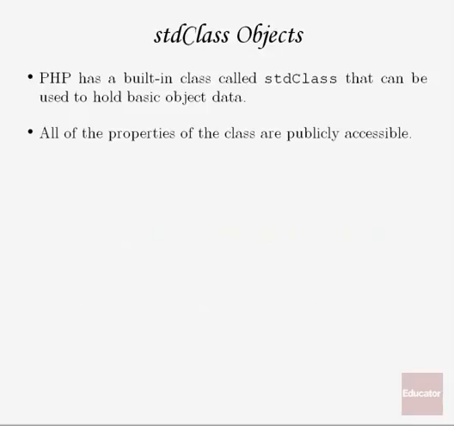So now I just want to talk about a built-in class in PHP called stdClass, or standard class. It's a class that's basically used to just hold basic data. It's a basic data object, and all of its properties are publicly available. Essentially, if you wanted to create an instance of the class, you would do so like this.